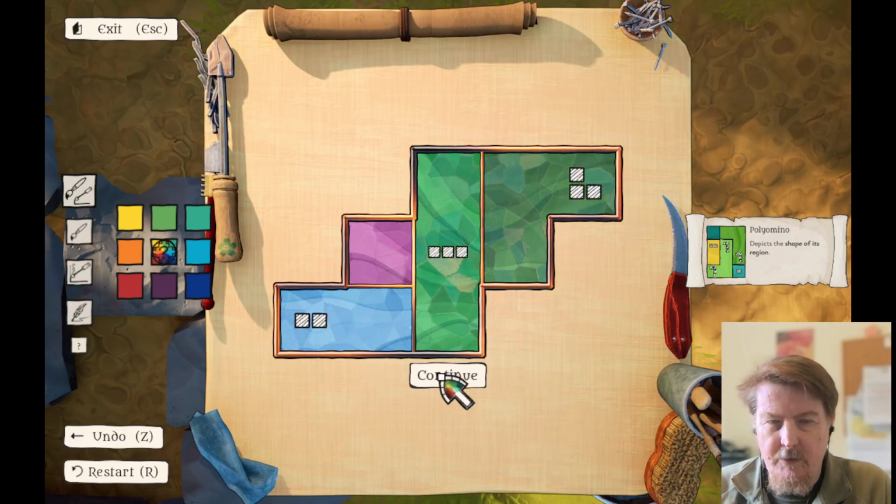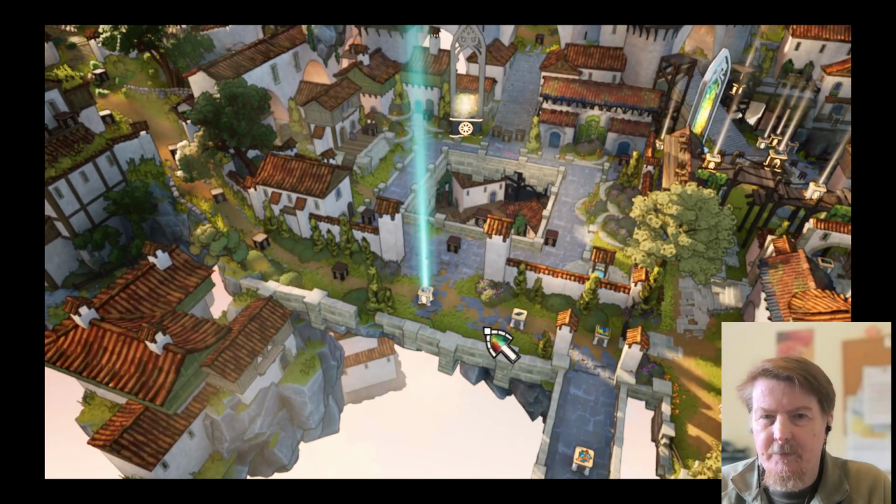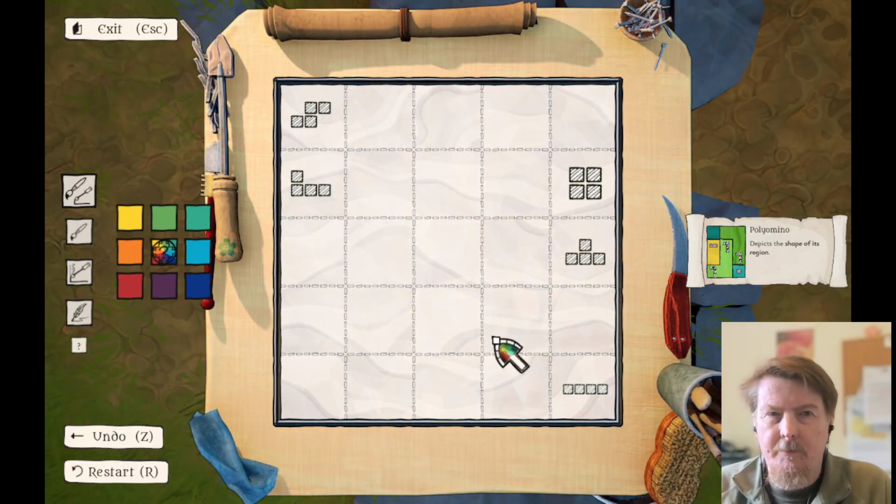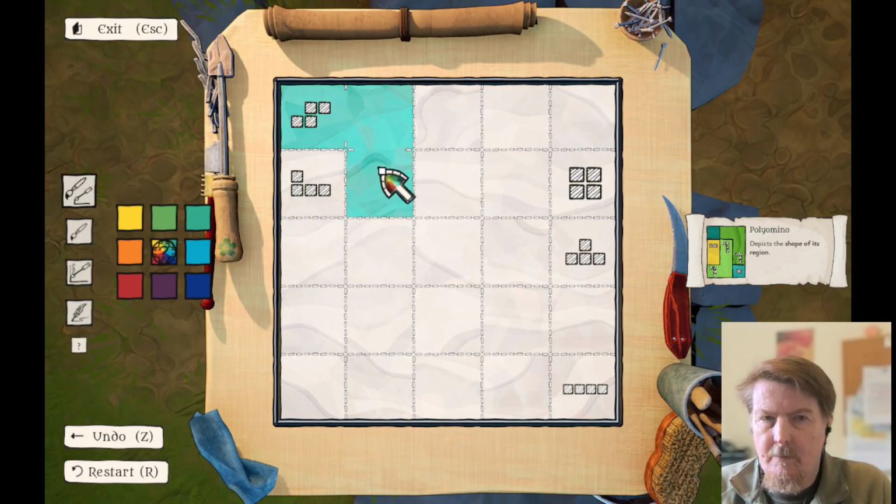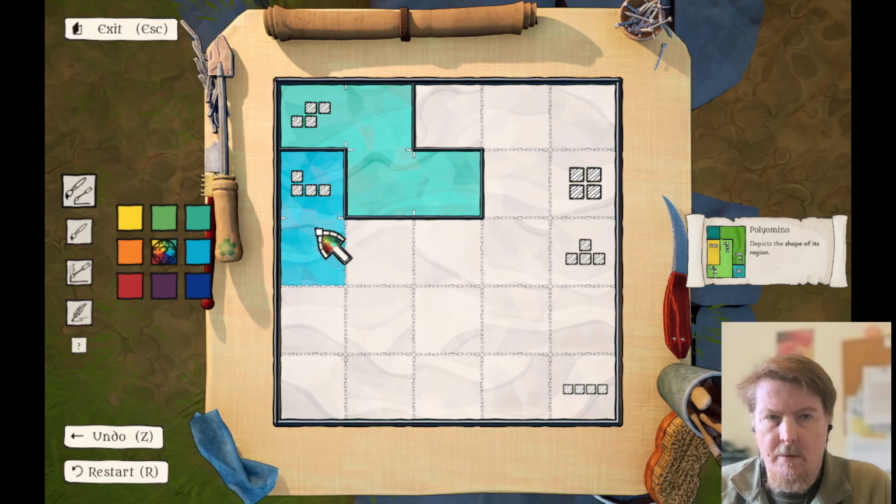And I can also have no symbols in an area. And I don't know whether that one continues down or across.